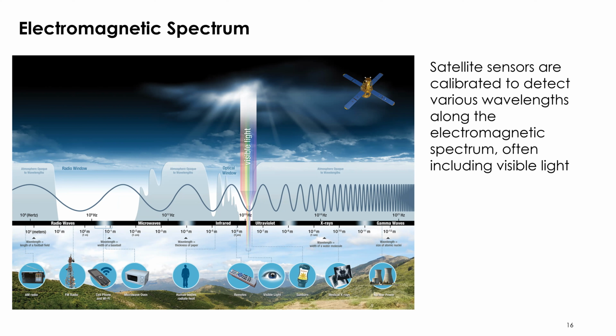The satellites typically will observe in the infrared part of the spectrum and sometimes into the microwave, depending on the satellite and the sensor. The reason that's important is because it enables the satellites to detect things that we can't even see with our eyes.